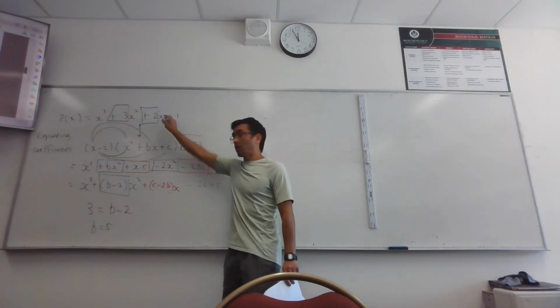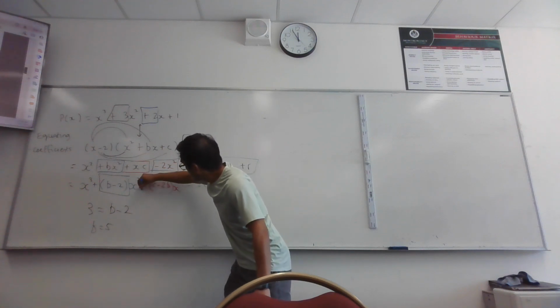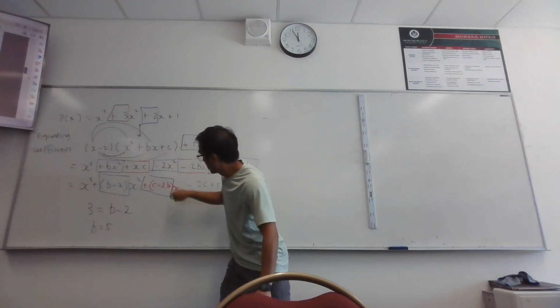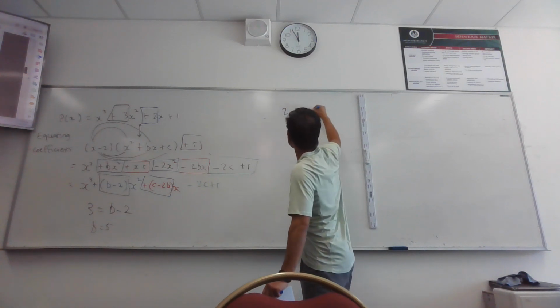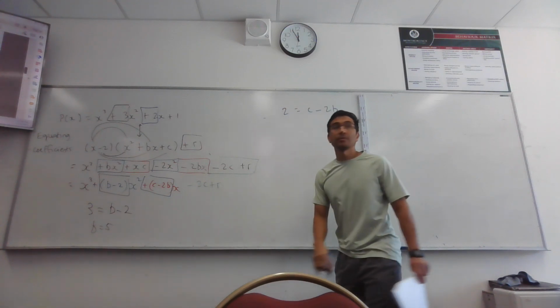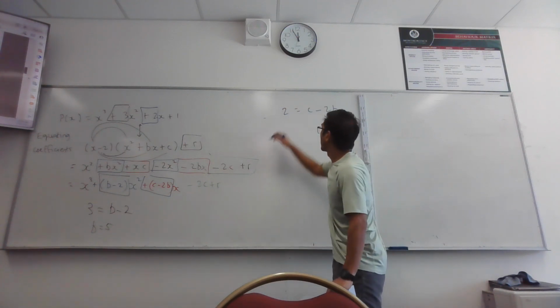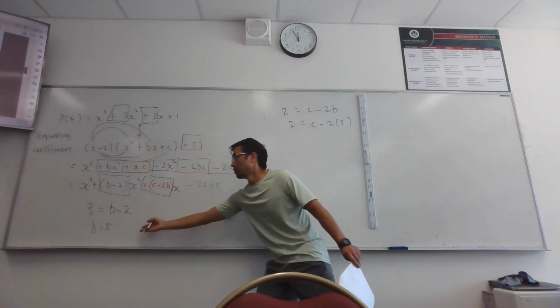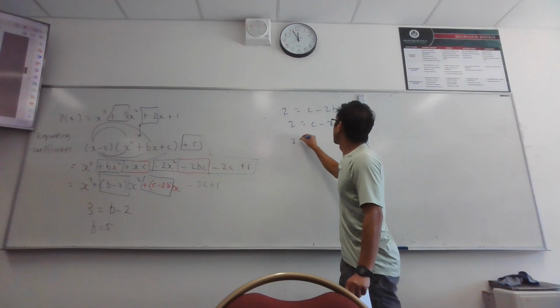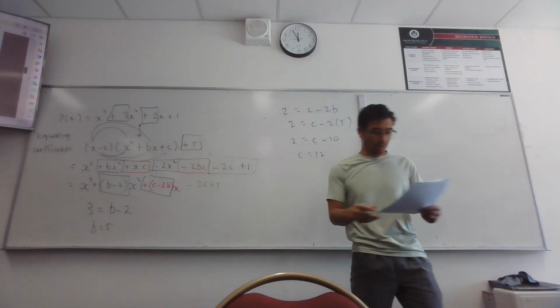Our x to the power of 1 is related to this one here, because that's an x to the power of 1. So he's saying our 2 is equal to c minus 2b. And Gabe also said we already know our b, which is a 5 from before. Our c is equal to 12.